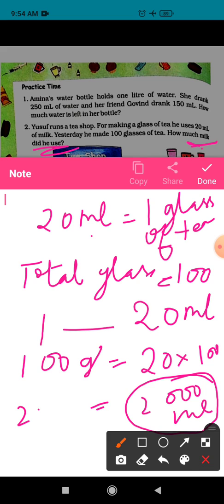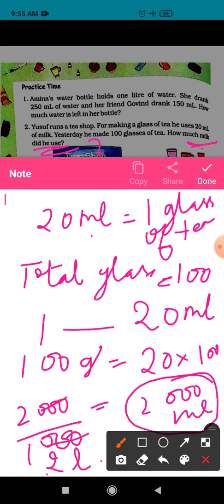You will divide the number by 1000. 3 zeros are cancelled by these 3 zeros. Now when you divide 2 by 1, it will be 2. It means he uses 2 liter of milk for making 100 glasses of tea.